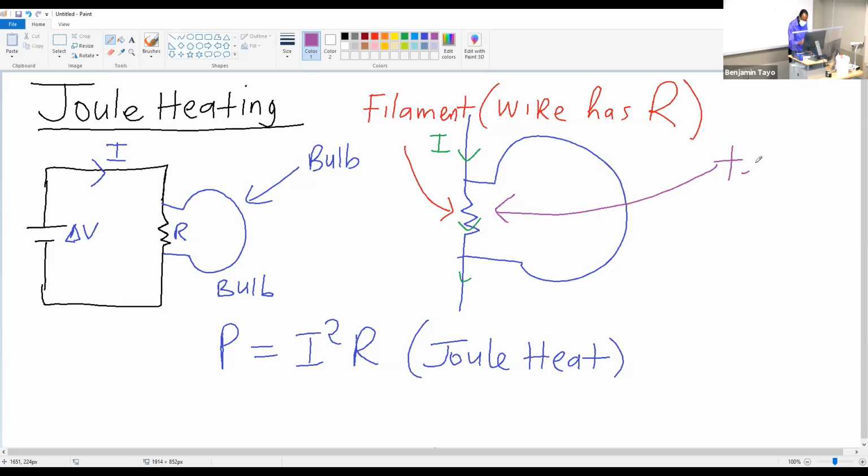The temperature of the wire is going to increase.